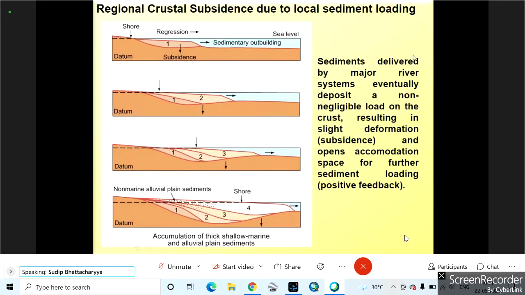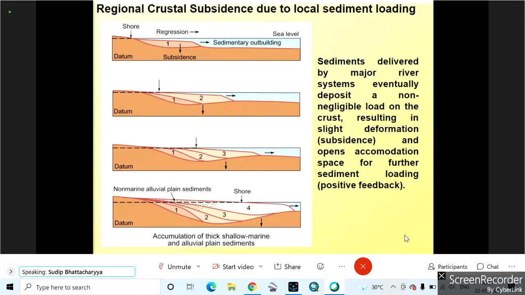Now, just see how the basin will be subsiding. We know that in our large lake system, or in our open-ended passive margin system, sediment loading is a very important phenomenon.